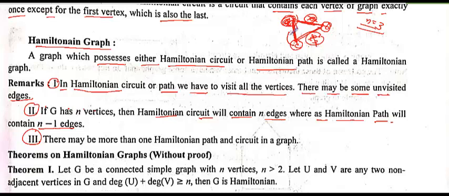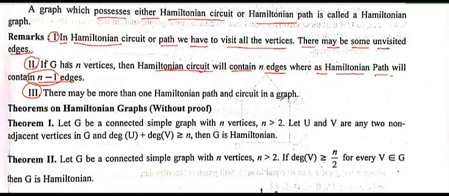So this is the main difference between the circuit and the path: the number of edges is n minus 1 in a path, not in a circuit. When you take a circuit, the number of edges will be n. Correct? And also, there may be more than one Hamiltonian path or circuit in a graph. It is possible. Correct?